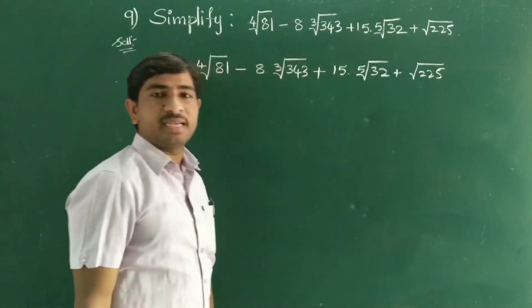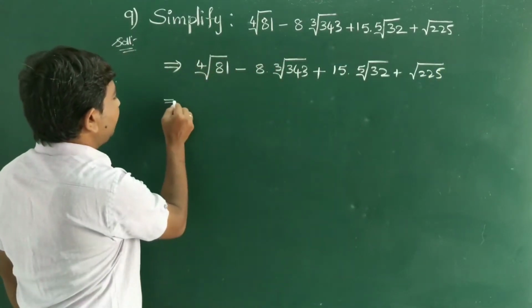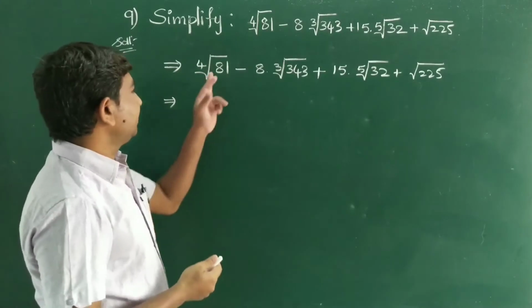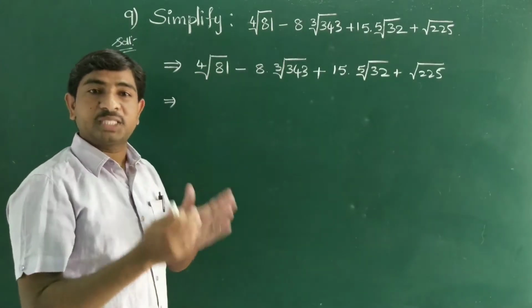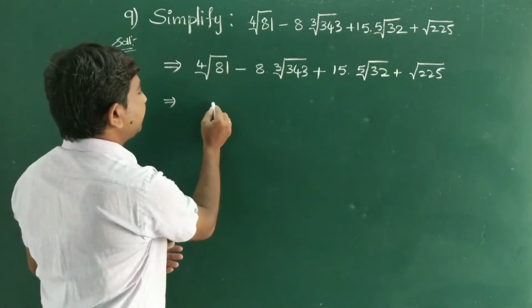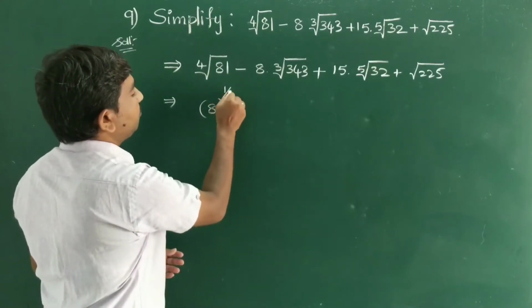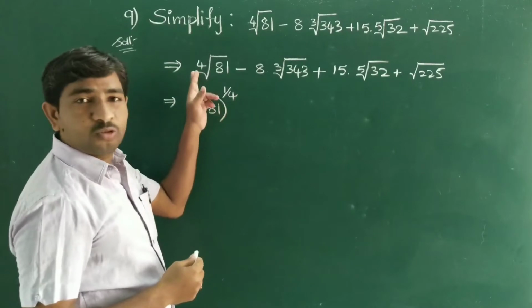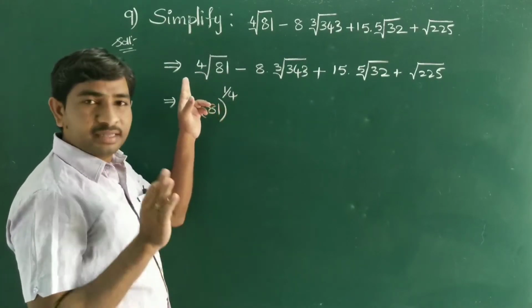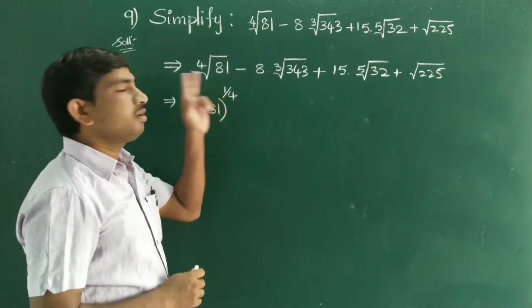So write the same as the question, and now we have to rewrite it in exponential form. We can write 81 whole power 1 by 4. This 4th root 81 can be written in the form of 81 whole power 1 by 4.